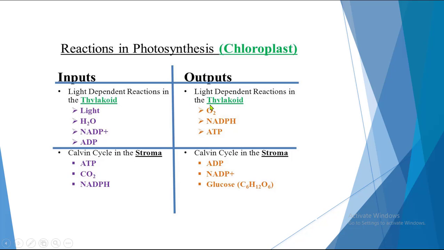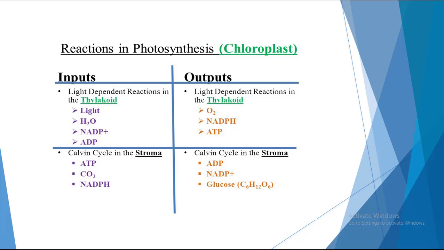And what are the outputs of the light reactions? Oxygen was released during the photolysis when the water molecules were broken down, and then energy rich molecules ATP during the electron transport chain, and NADPH at the last step of light reactions, which was the reduction phase.